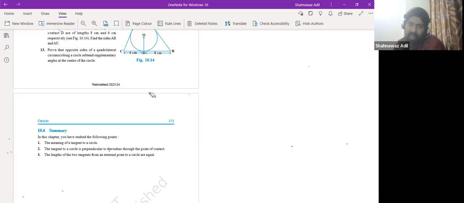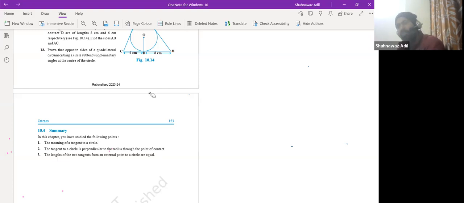Right. And then we have to prove that the angles subtended by the opposite sides of that quadrilateral would be supplementary. If we add those angles, what would be the angle?